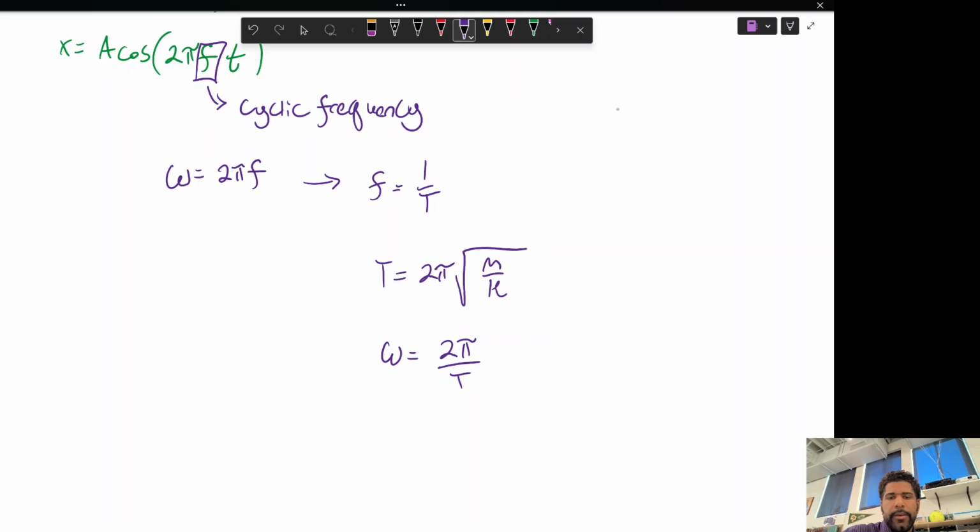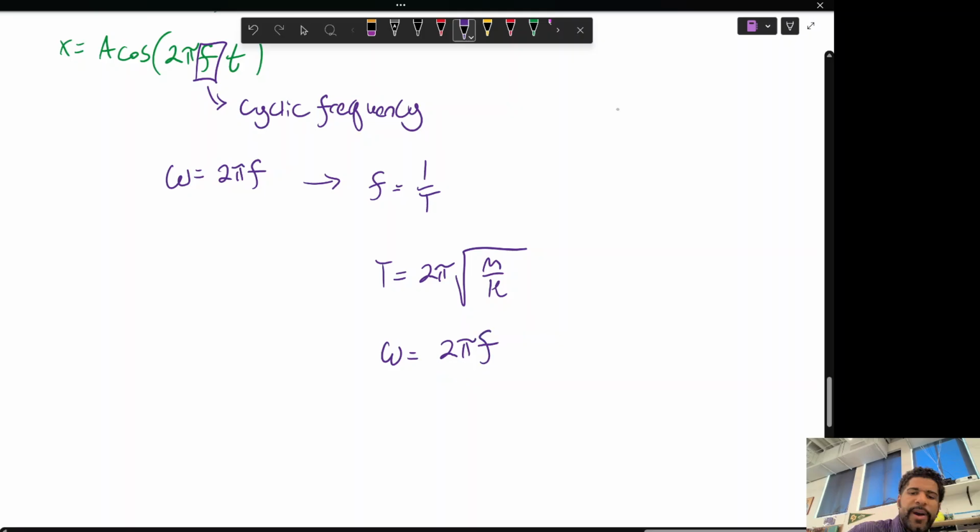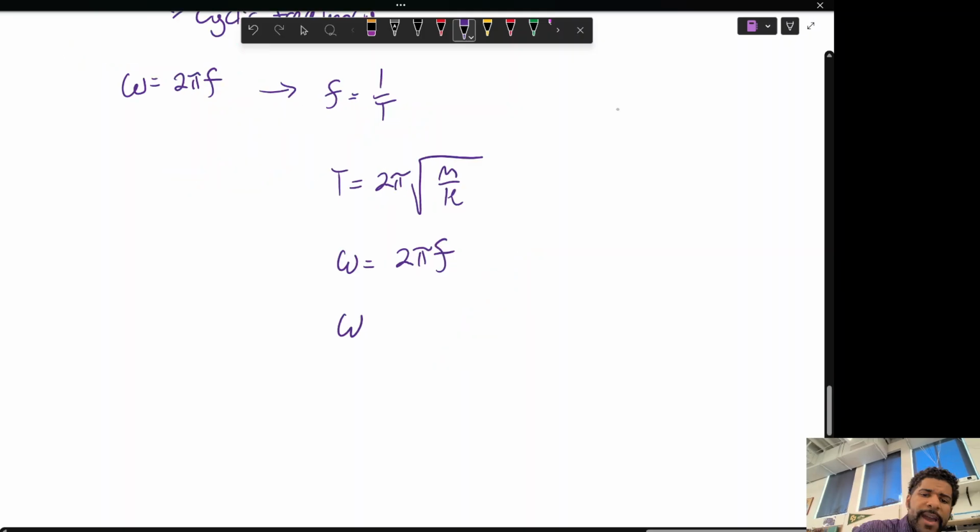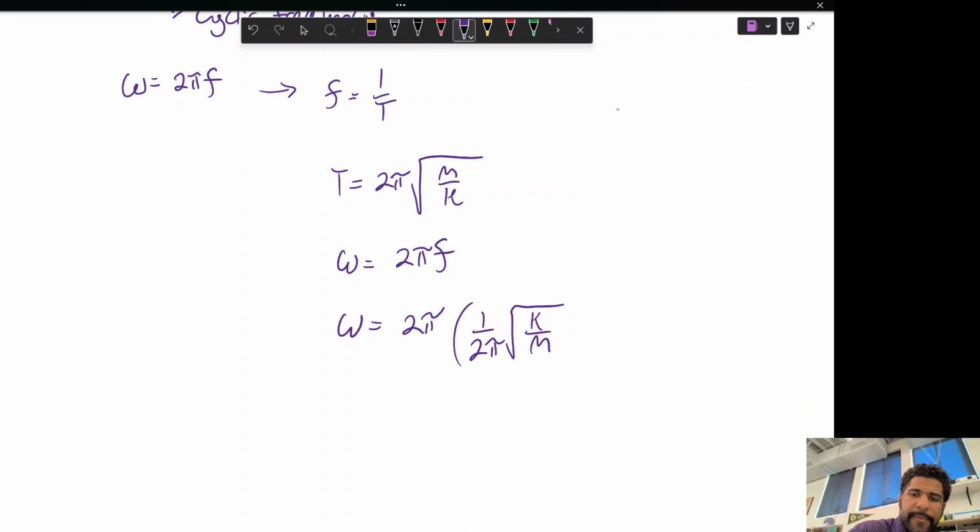Let's use that. Then that means that omega is equal to 2 pi divided by 2 pi root m over k. This is something that is on our equation sheet that I gave you, your vocab sheet.